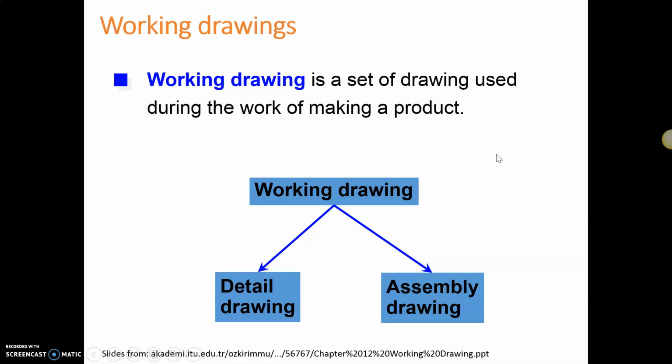And today I'm going to focus more on the working drawing, where a working drawing is a set of drawings used during the work of making a product, and it can be divided into two types. The first one is the detailed drawing and the second one is the assembly drawing.